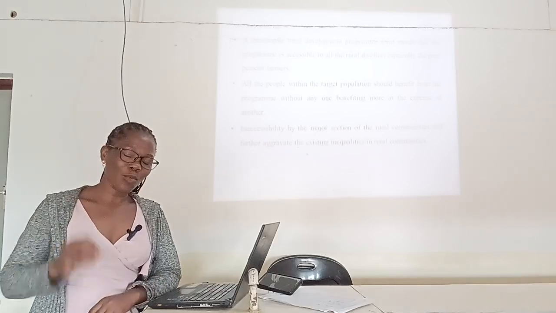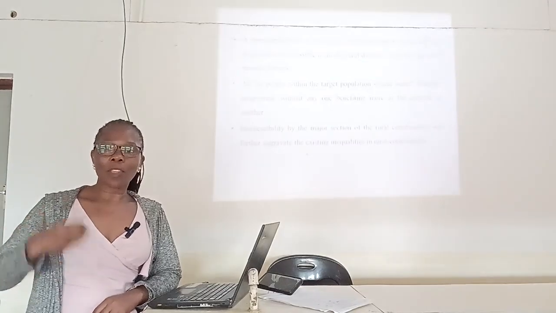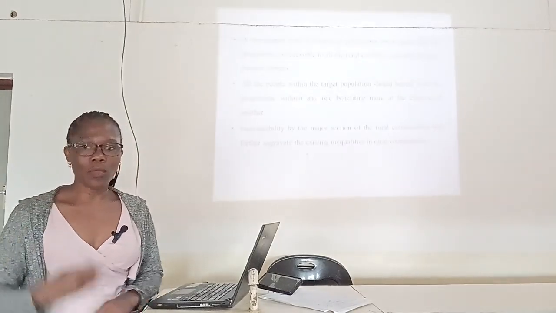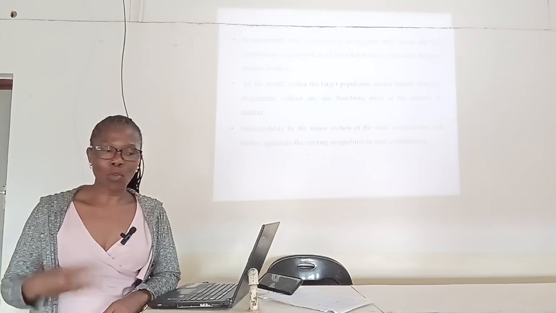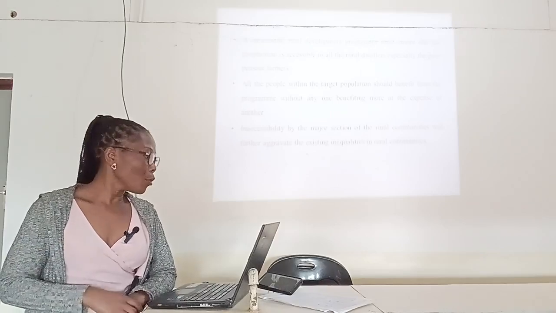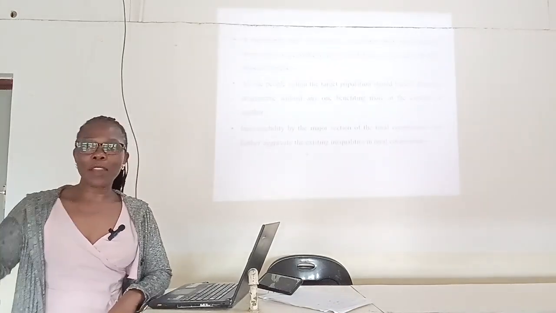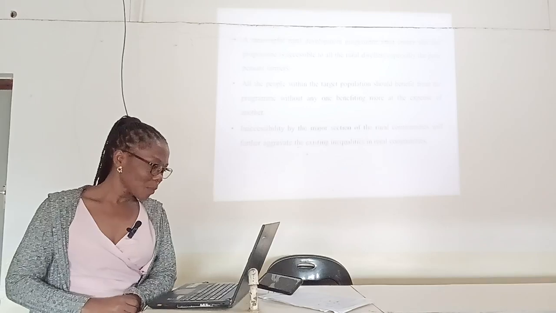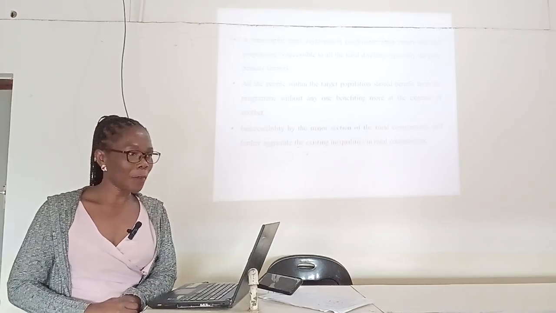The program must ensure that it is accessible to everyone in the community we are targeting, the rural community. And all rural people within the target population should also benefit from that development program without anyone benefiting more at the expense of the other.